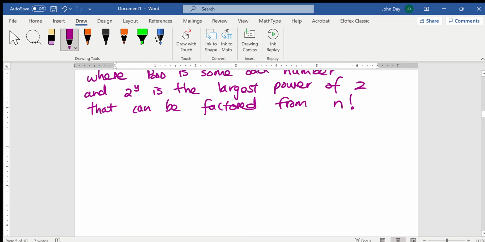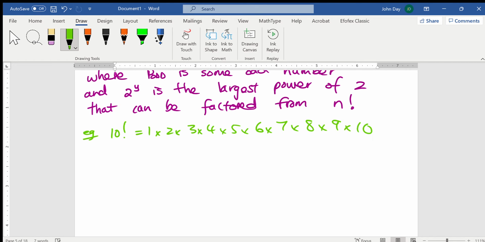So, for example, 10 factorial is 1 by 2 by 3 by 4 by 5 by 6 by 7 by 8 by 9 by 10. You can pull out 2 to the power of 8, which is the most evenness you can get out of there, and it leaves you with 1 times 3 times 5 times 3 times 7 times 9 times 5.